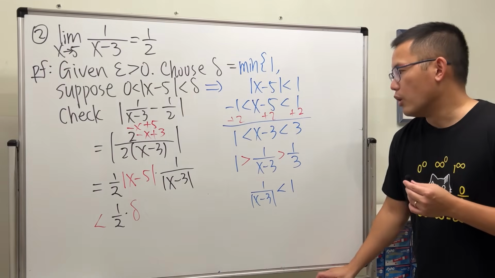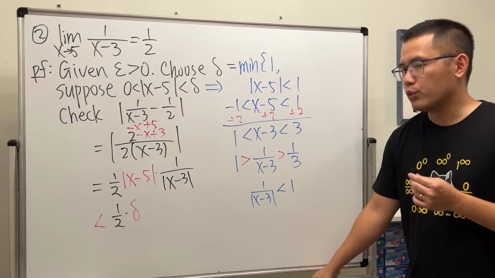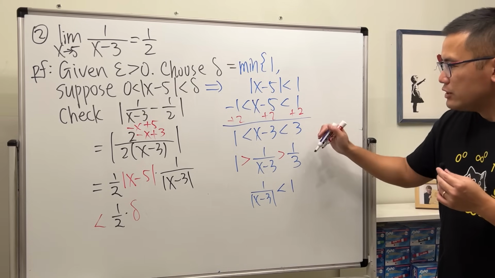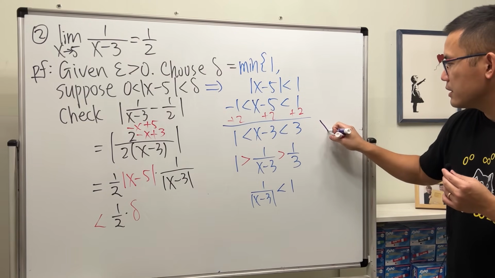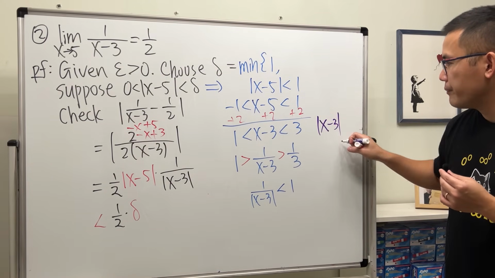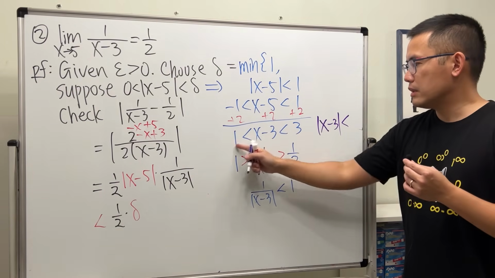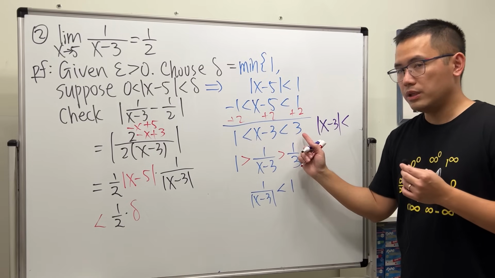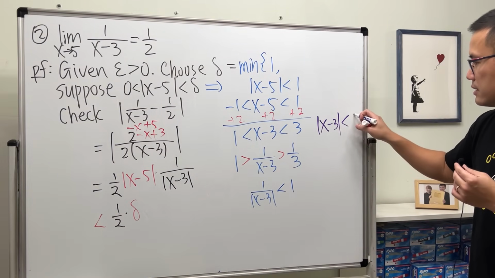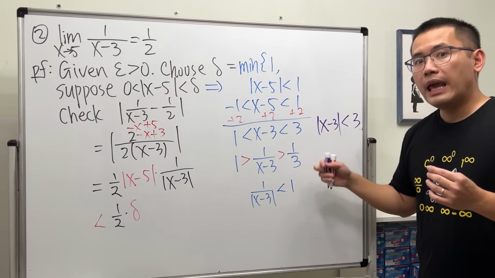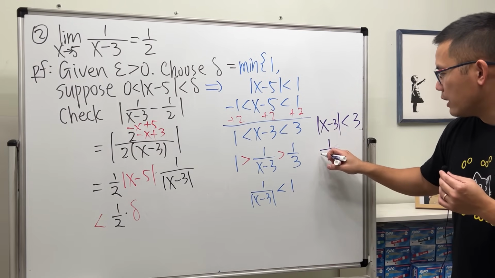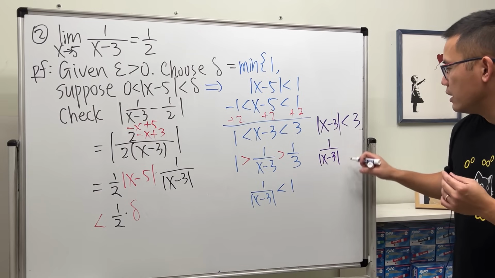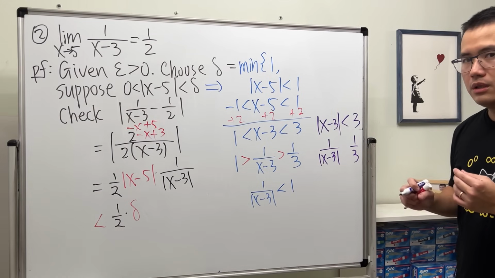Let me just show you though, what if you took the absolute value first? Imagine right here, if you took the absolute value, then you are saying that absolute value of x minus 3, again, you pick the bigger number that has the bigger absolute value, which is 3. So you're saying that this is less than 3, which is true. And then if you take the reciprocal here, you are looking at 1 over absolute value of x minus 3, and you compare that with 1 over 3.